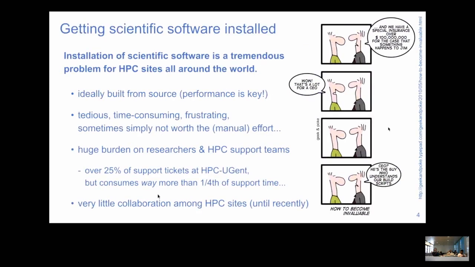So getting scientific software installed on HPC systems has been an issue for quite a long time, all around the world, basically. There are a couple of things quite specific to getting scientific software installed on HPC systems that make it hard.